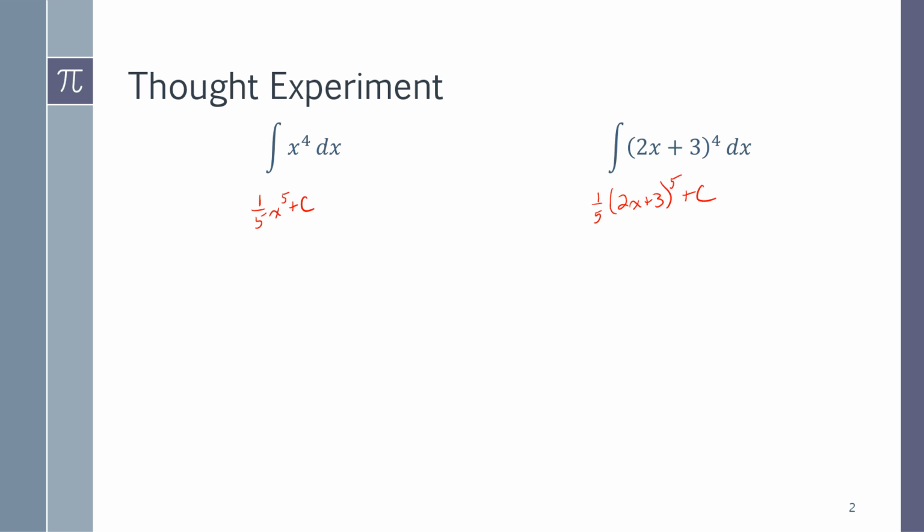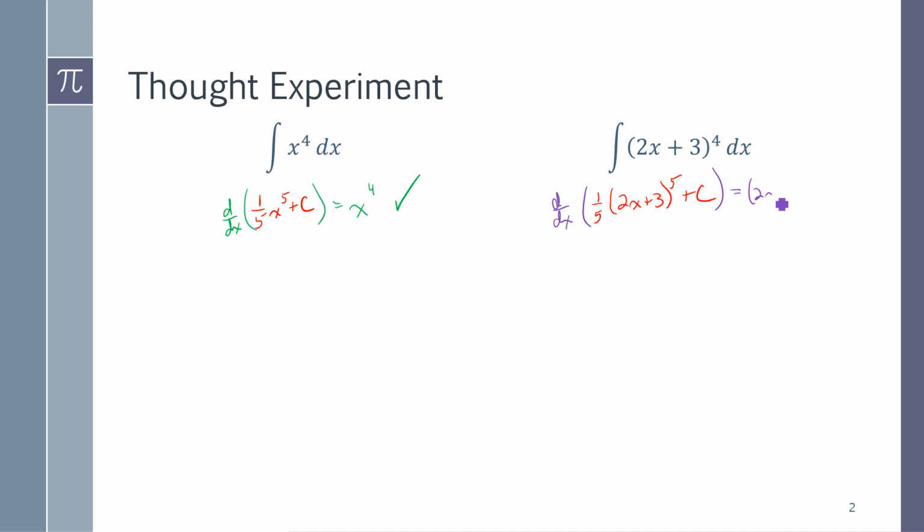But then I can check these. If I take the derivative of 1/5 x to the fifth plus c, the 5 cancels the 1/5. I have x to the fourth plus 0. So that's okay. Whereas if I check this one, the 5 comes down, cancels the 1/5.